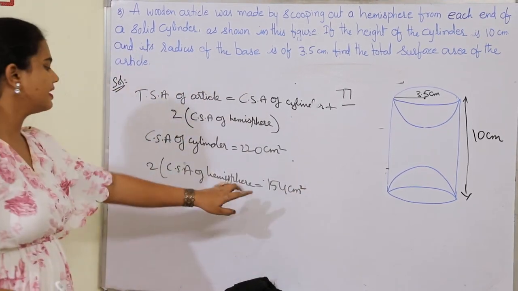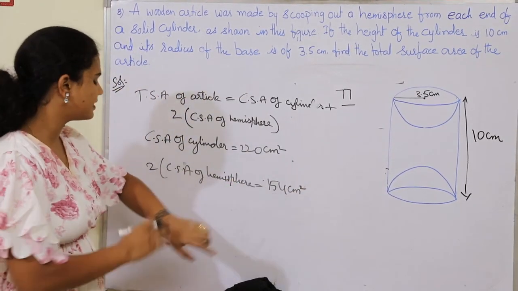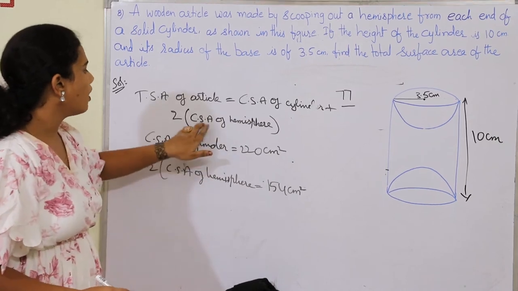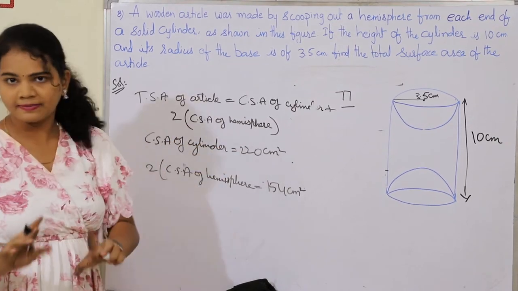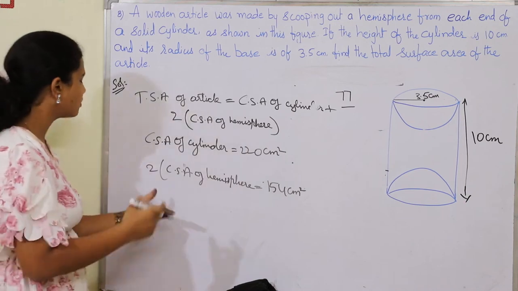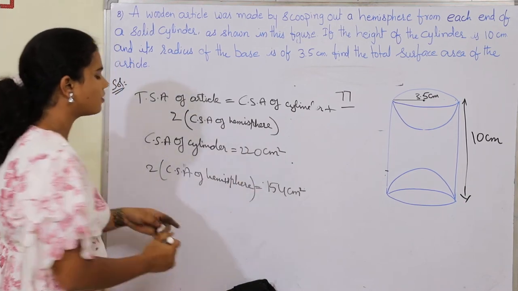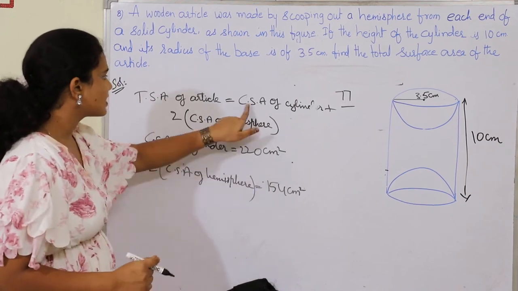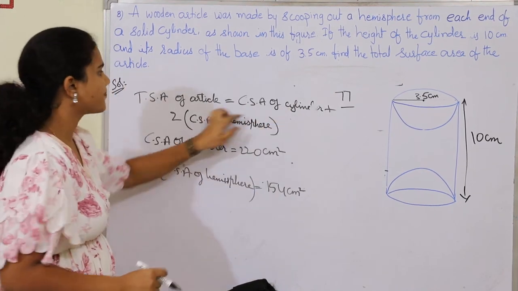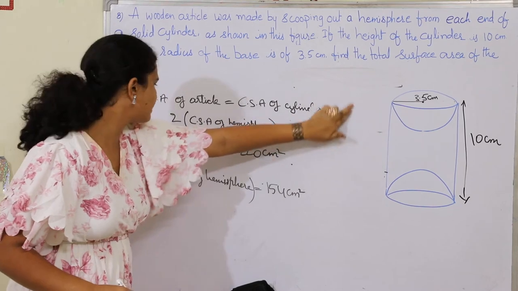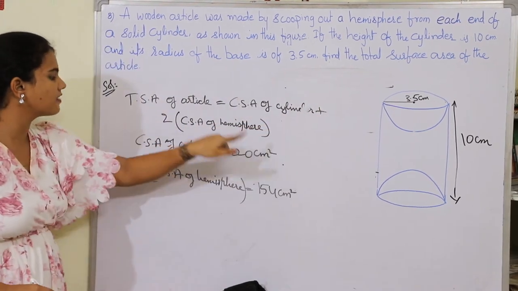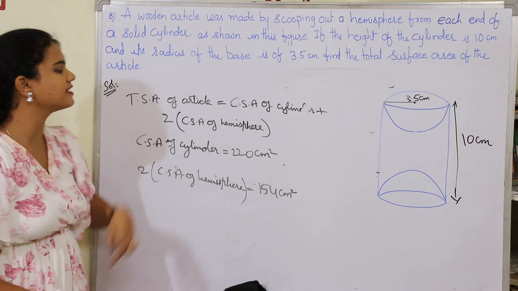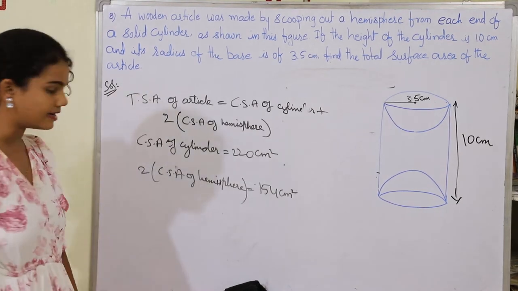So 77 centimeter square is the curved surface area of hemisphere, just the hemisphere, but not for 2 into hemisphere. Now here we got 154 centimeter square. Now what to do is curved surface area of cylinder plus 2 into curved surface area of hemisphere gives the total surface area of the article, right?